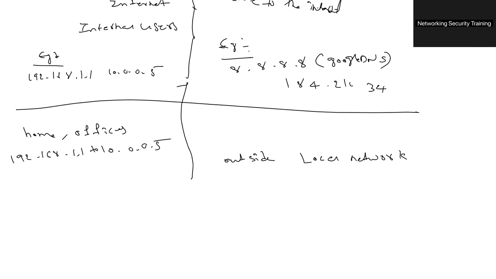An example is 8.8.8.8, a global Google IP address.